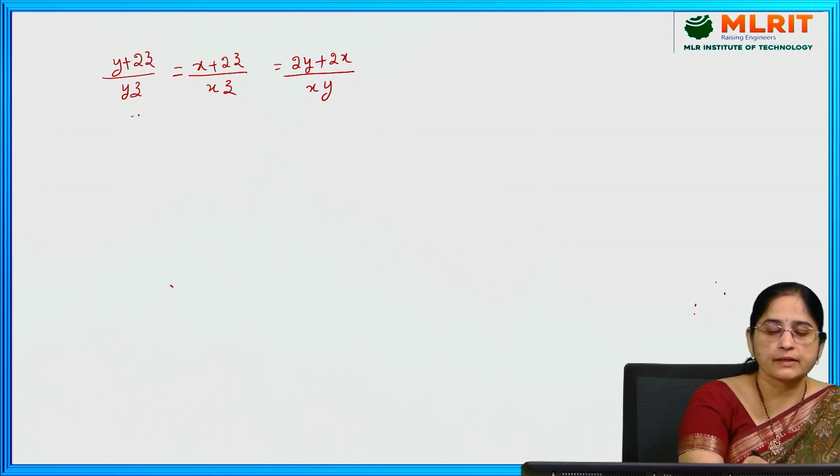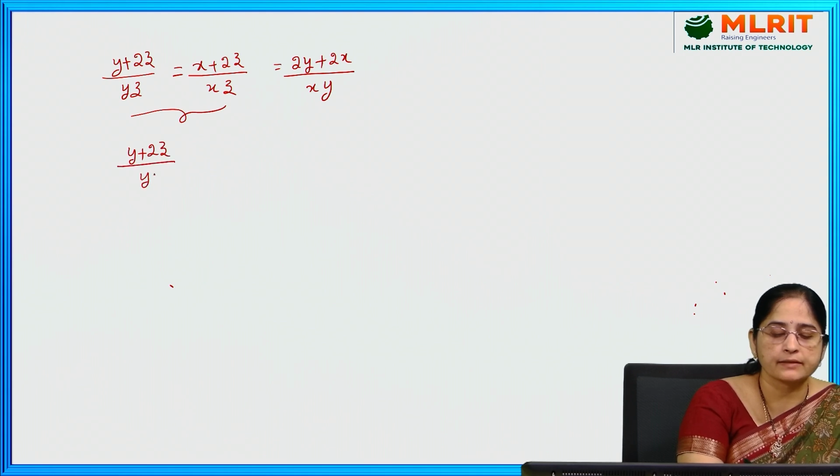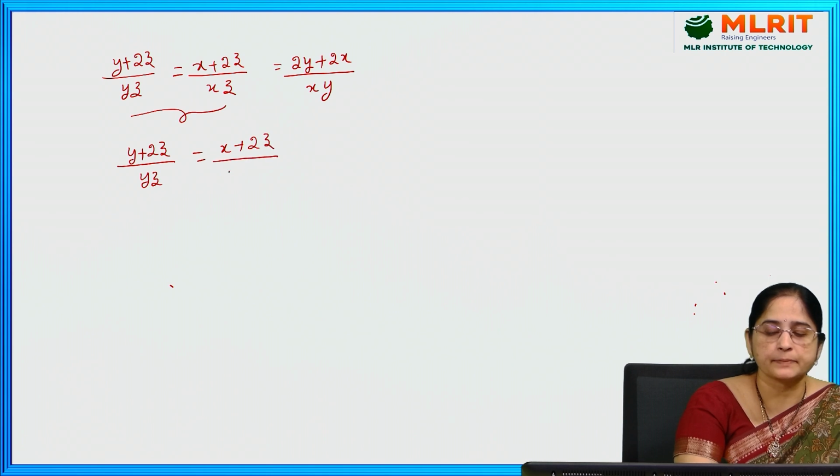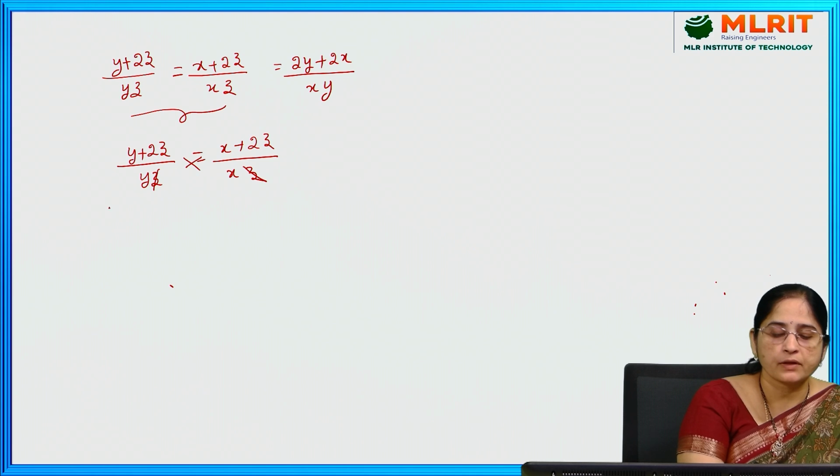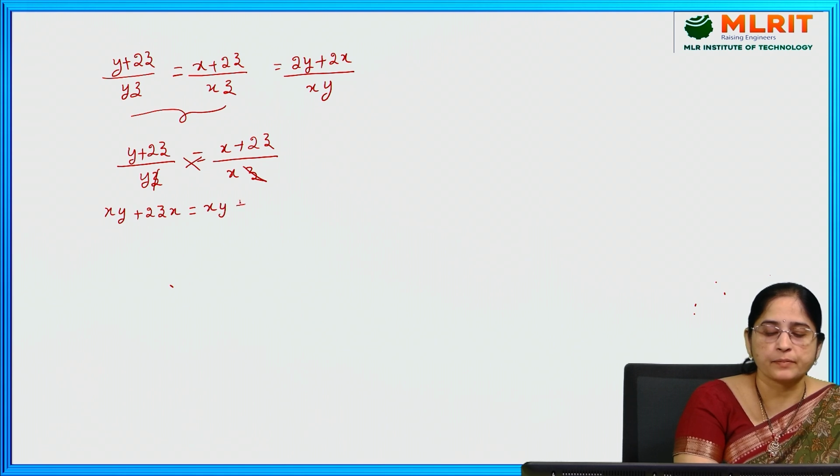First we take the first two equations: y plus 2z by yz equals x plus 2z by xz. Here z cancels. Cross multiplying, xy plus 2zx equals xy plus 2yz. Here xy cancels, 2 cancels, and z also cancels. We get x equal to y.